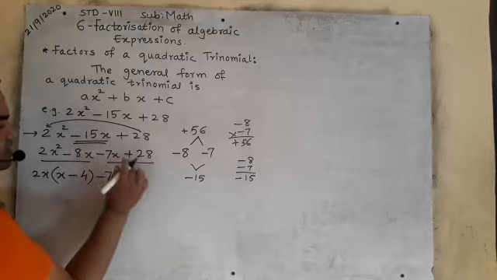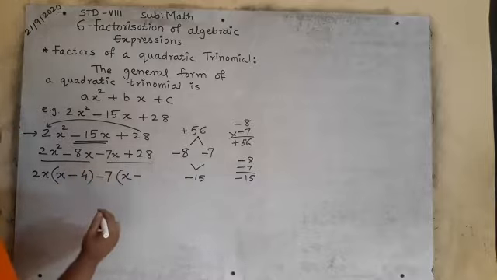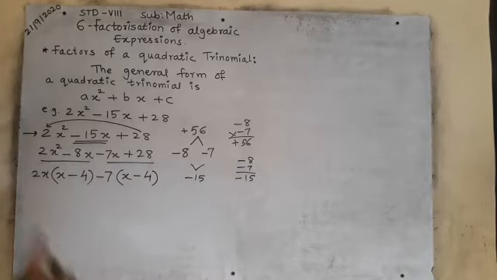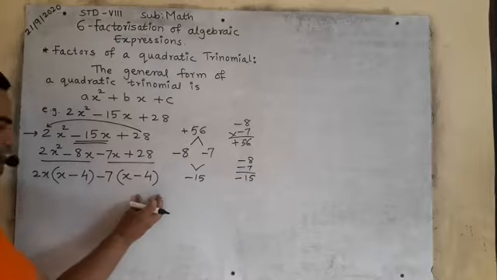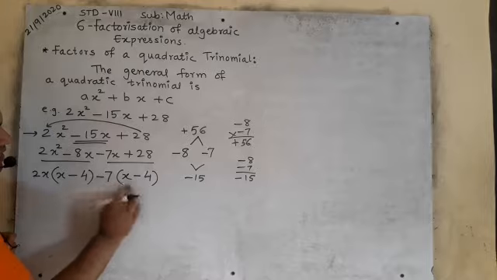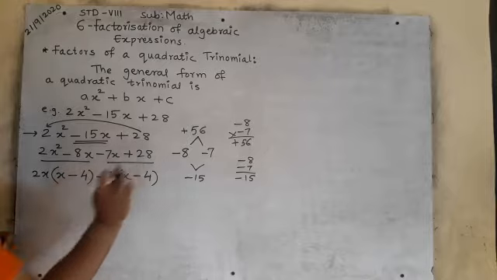Sign this minus and this plus will be minus. Now 7 how many times will 28 come? 7 4s are 28. So remember one thing, whatever will be your first bracket, that only will be your second bracket. You have to cross check. See, minus 7x is minus 7x. Minus 7 multiplied by minus 4, minus multiplied by minus is plus, 7 4s are 28.